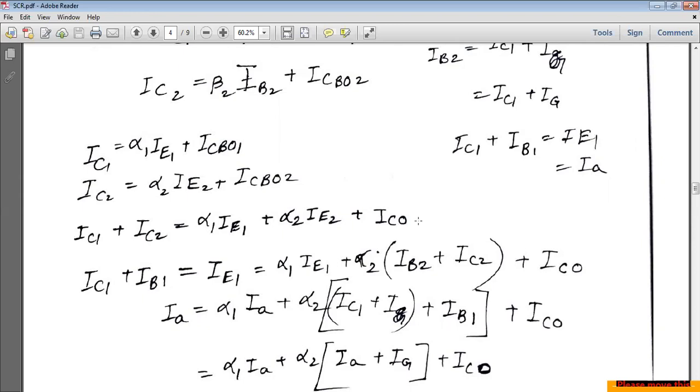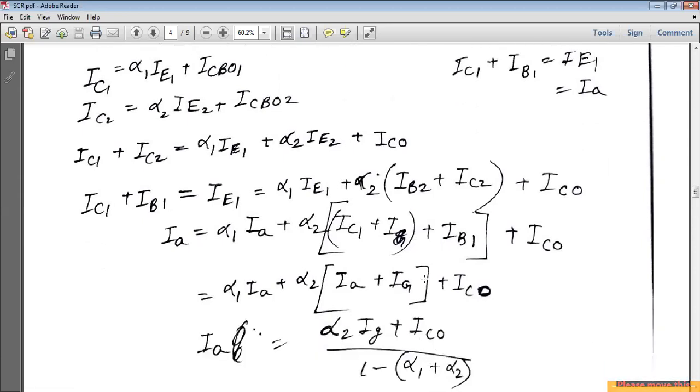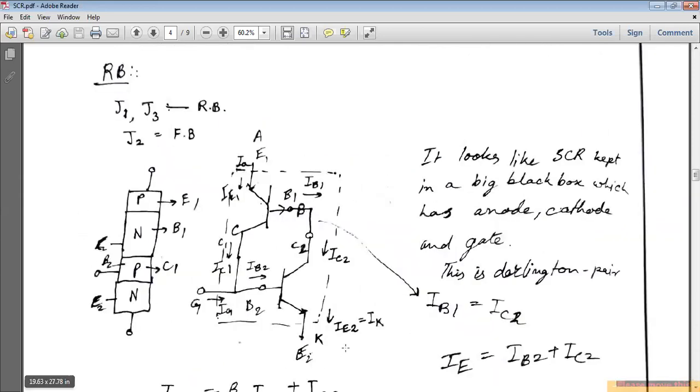As I have mentioned, IC1 plus IG is IB2 plus IB1 plus ICO. So we can write as alpha 1 IA plus alpha 2 into IC1 plus IB1, and again IC1 plus IB1 equal to IE1, that is equal to IA.